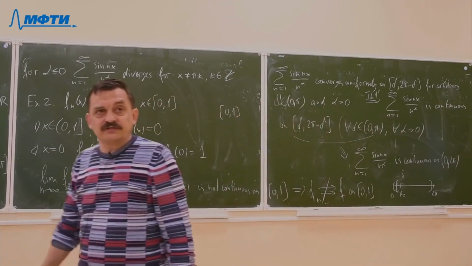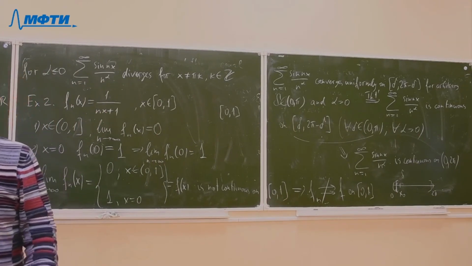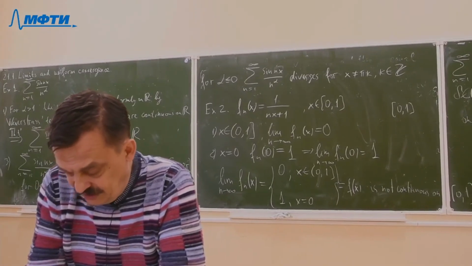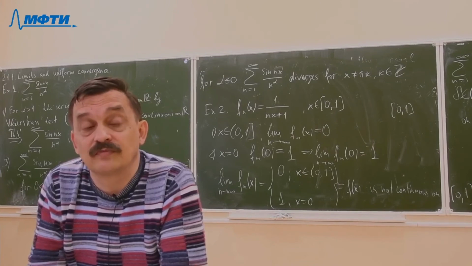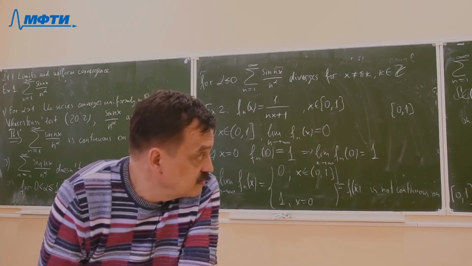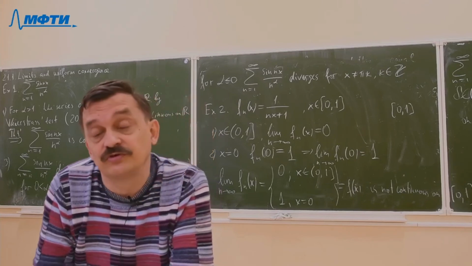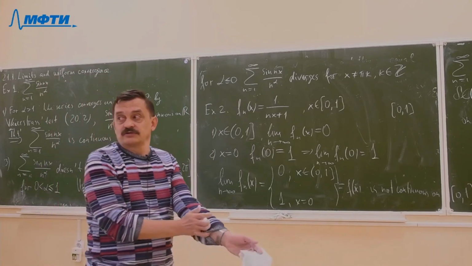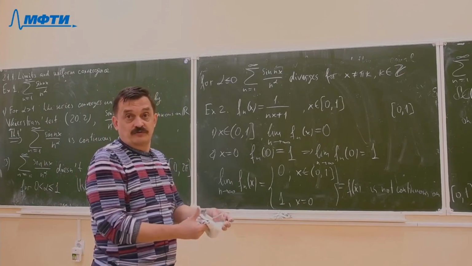So we don't need to consider uniform continuity separately here, just refer to properties of uniformly convergent sequences. So if the limit is not continuous on a set, then for sure we don't have uniform convergence on this set.